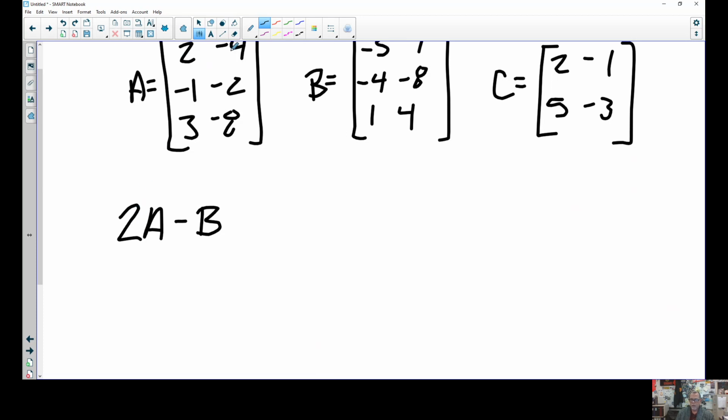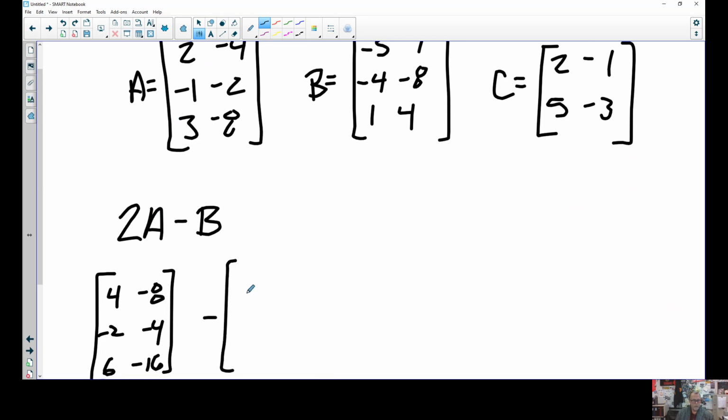That means every element in A will be multiplied by that scalar multiplier of 2. So 2A would look like this. It would be 4, -8, -2, -4, 6, and -16. And all I did was multiply each one of these by 2. That's my 2A.